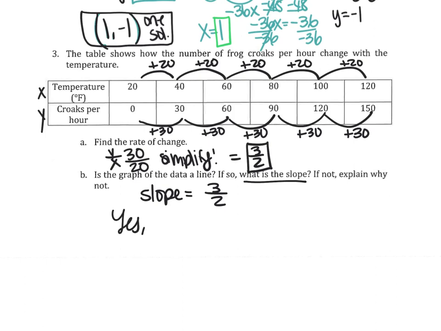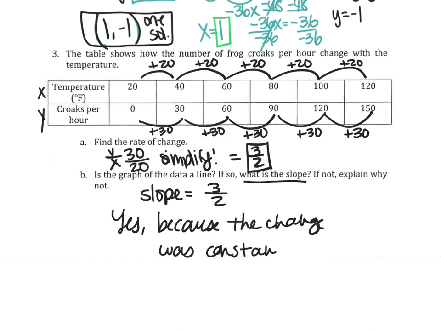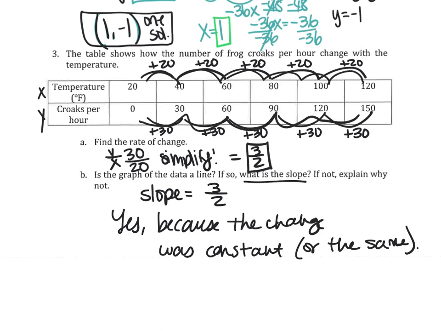So I'm going to say yes, because the change was constant, or the same. So basically it went up 20 each time, that was all the same, and then 30 each time. So we make sure that's staying the same. That tells you whether or not it forms a line.